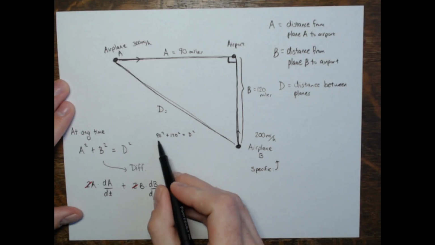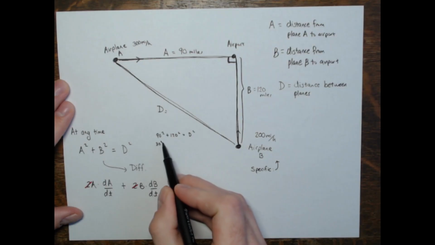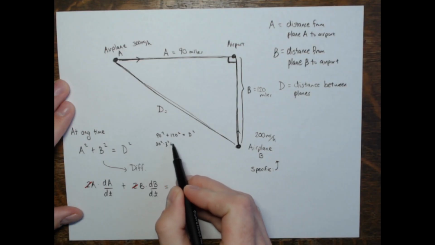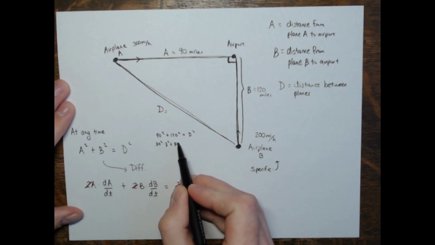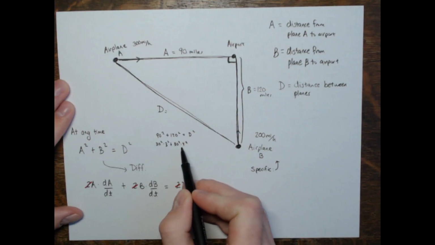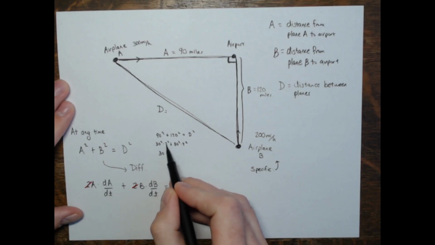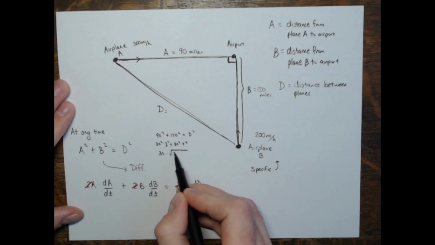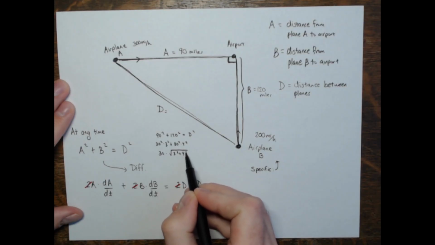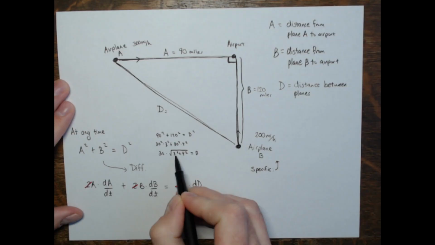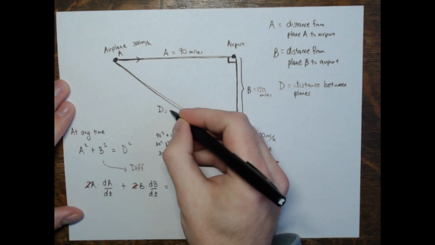Let's see, this is 30 squared times 3 squared, and this is 30 squared times 4 squared. Square root of that, you can pull the 30 out. So this is 30 times the square root of 3 squared plus 4 squared equals D, and it's 5, so 150.